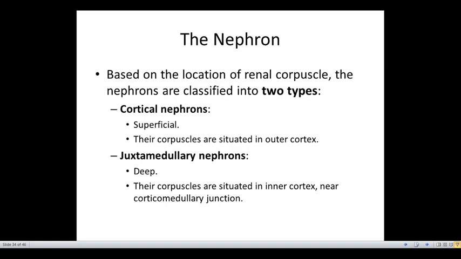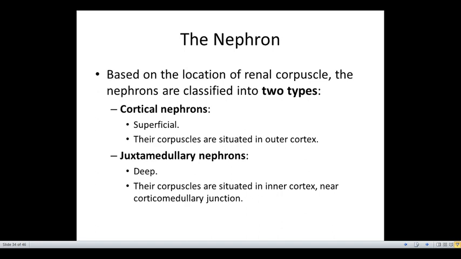Based on the location of the renal corpuscle, which is a part of the nephron, the nephrons are classified into two main types: cortical nephrons and the juxtamedullary nephrons. The cortical nephrons are superficial.